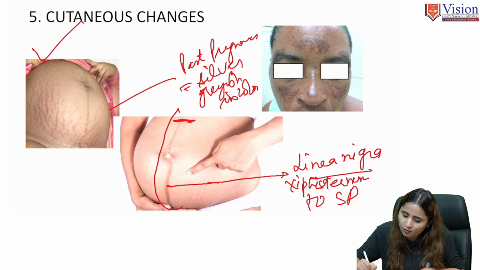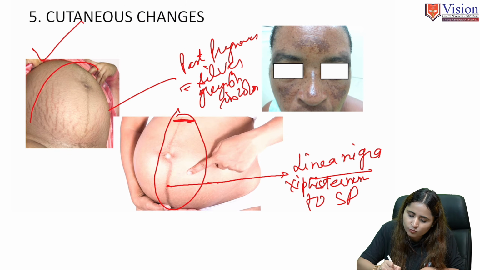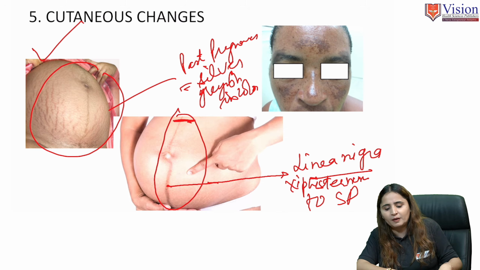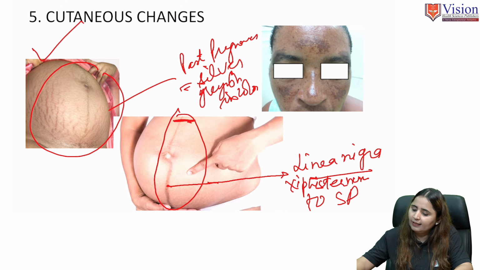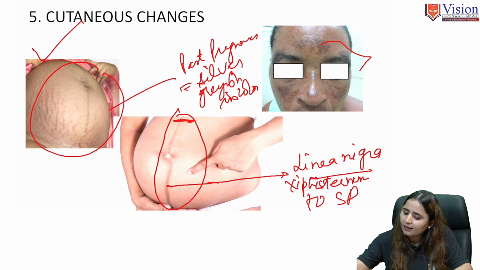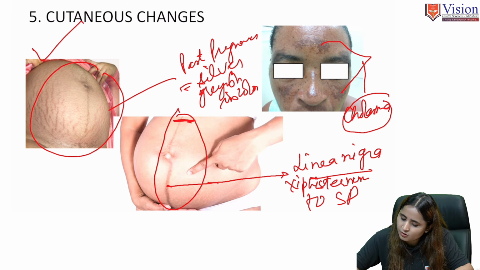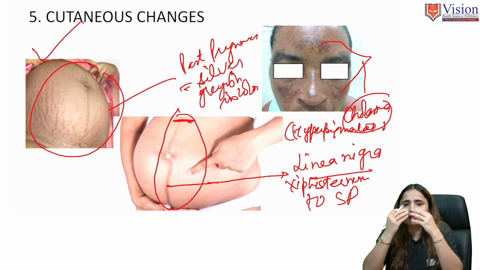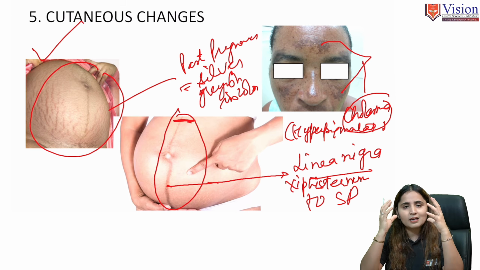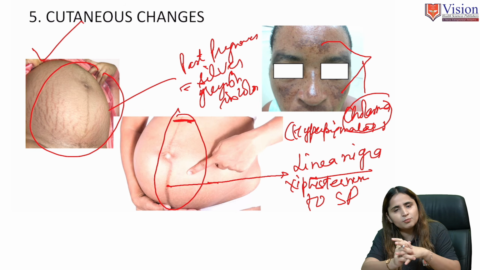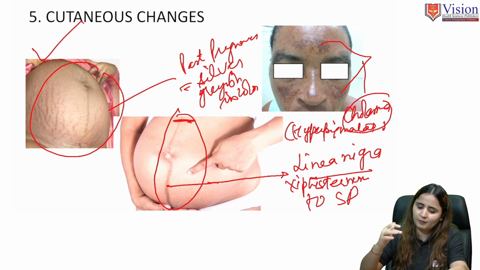This is the stretch marks or striae gravidarum of pregnancy, this is linea nigra, and this is chloasma. Chloasma means hyperpigmentation on the cheeks, on the nose, on the forehead. That is called chloasma of pregnancy, or the mask of pregnancy.